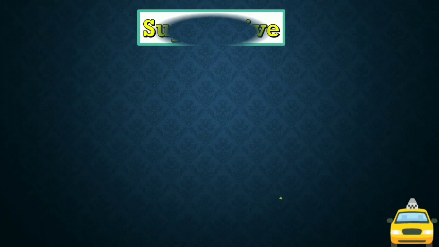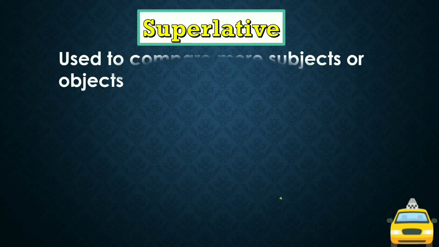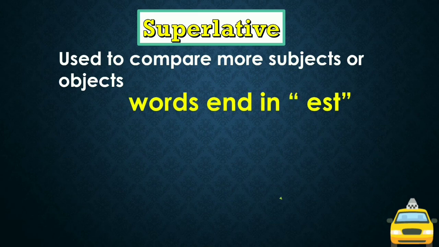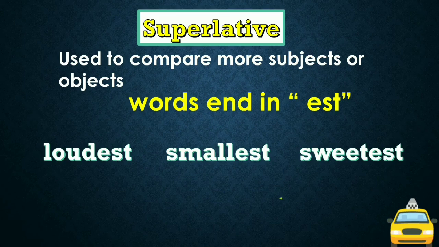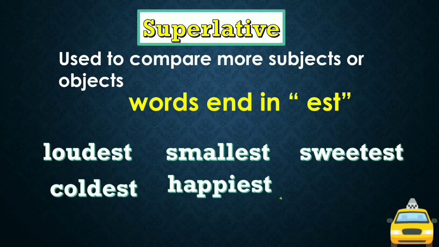Another degree of adjective, superlative, is used to compare more subjects or objects. Words end in est: loudest, smallest, sweetest, coldest, happiest, and biggest.